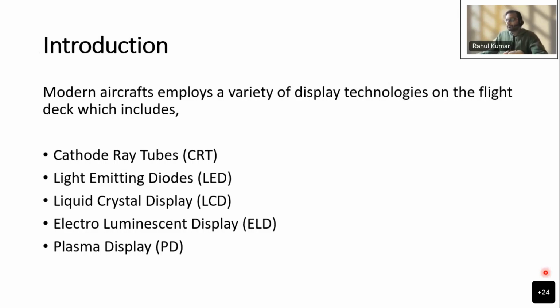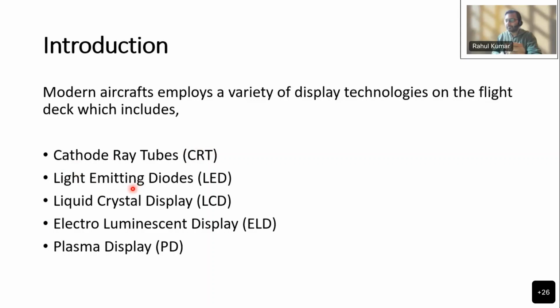Now, the modern aircraft has different types of display technology. So if you go into the cockpit, you will see different types of display units. Some of them are cathode ray tube, that is CRT.